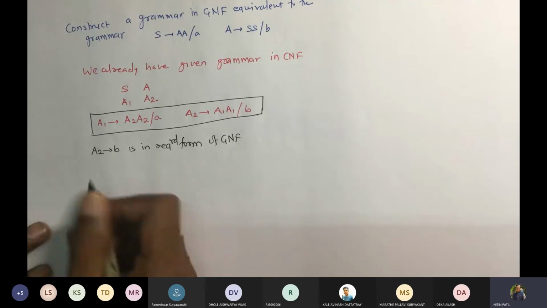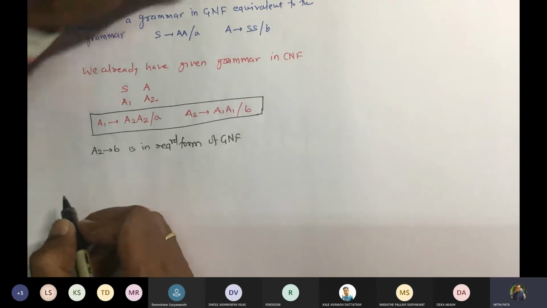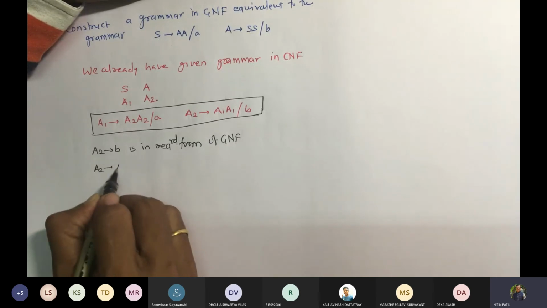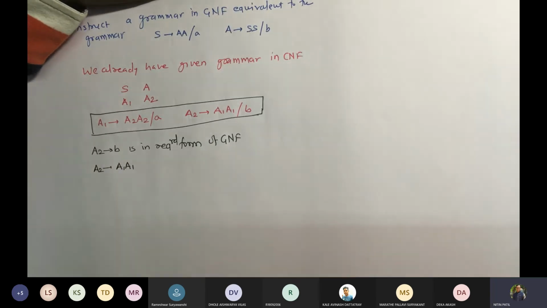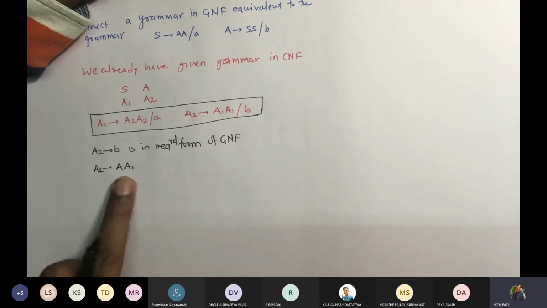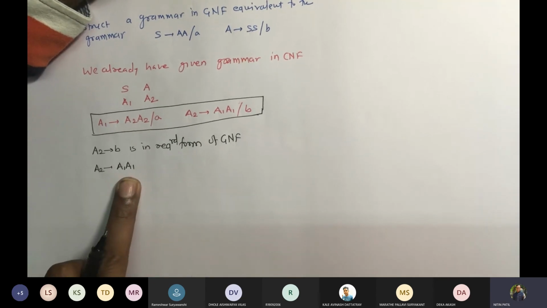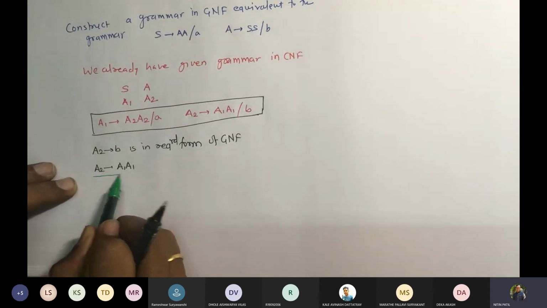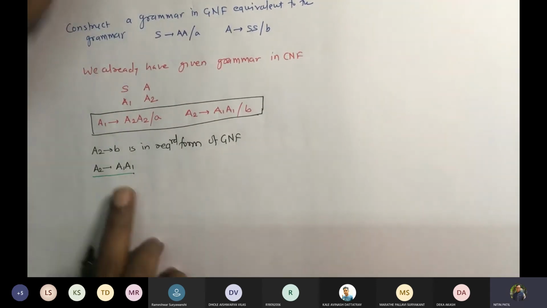Now what we have to do is, we have to make use of this A2. We have to concentrate now on A2 gives A1 A1. Is that fine? We are considering now A2 gives A1 A1. How many values are there for A2? So we are considering this. How many values are there for A1 in this case?